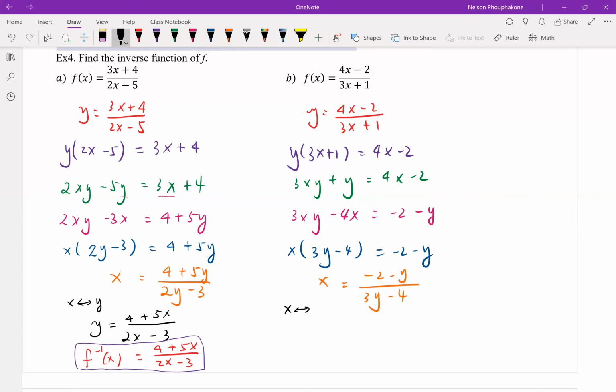And we interchange x and y. And the last step, we write y equal to f inverse of x.